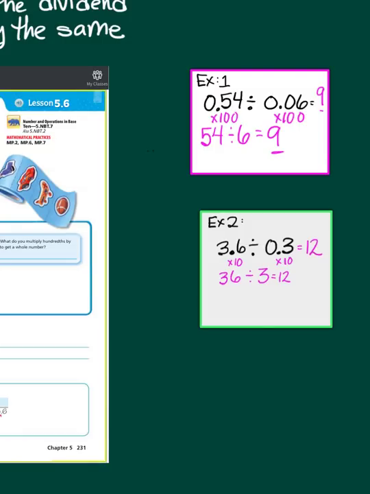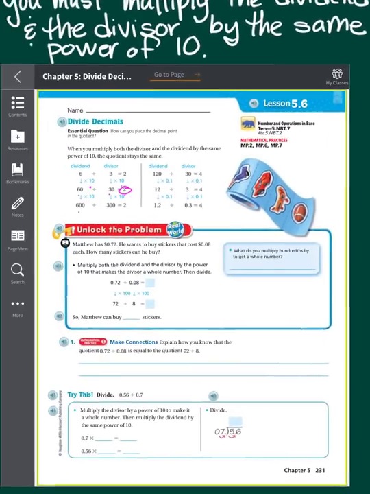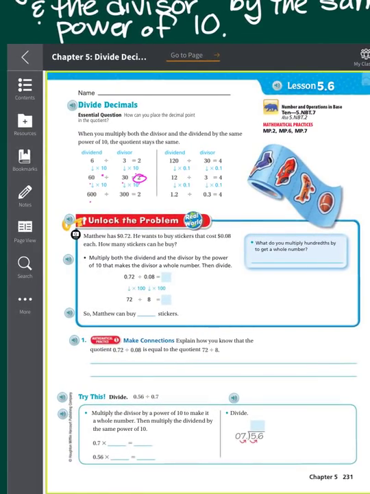Multiply by a power of 10 and you get the same number. I know it can get a little confusing, but look here: 120 divided by 30 equals 4 is the same as 12 divided by 3. It still equals 4. So these are all equal. No matter what power of 10, it's just multiplying by a power of 10. Okay, let's do a couple more. It'll make more sense as you go.